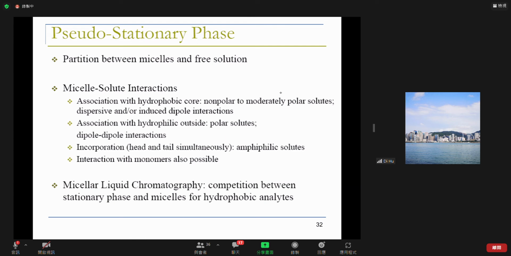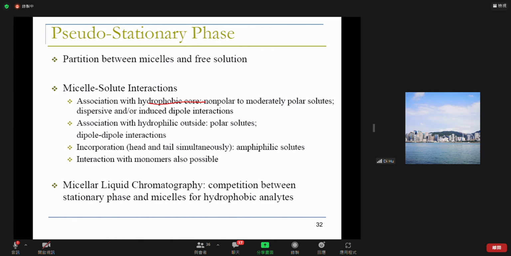So for micelle and analyte interaction, your analyte can interact with the micelle. Which part? If it is the inner part, the interaction is with the hydrophobic core, which means the compound is non-polar to moderately polar. That interaction is more hydrophobic interaction, or induced dipole interaction.